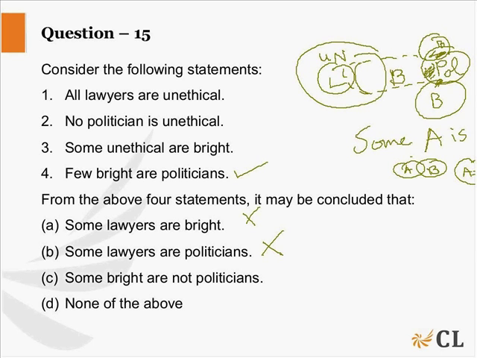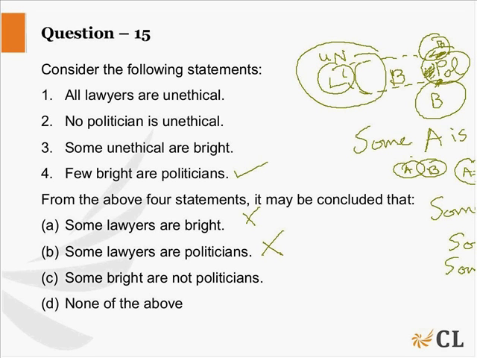So when I say some A is B, the only logical conclusion is some B is A. But if I say some B is not A, I am incorrect, because this statement does not satisfy this condition as well as this condition. Keep this in mind. Similarly, if I say some A is B, I cannot say that some A is not B, because again it would be incorrect. It will not satisfy this, right? I hope, Abhinav, this is clear to you.